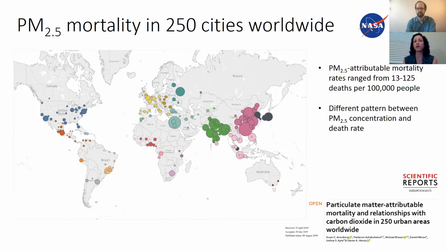Another interesting thing that we found in this study was that there was a different pattern between PM2.5 concentrations and PM2.5 death rates, where the total PM2.5 death rates did not necessarily follow the ranking of cities in terms of PM2.5 concentration. So what this tells us is that it is important to take into account both the exposure levels and the baseline health status and population of the local area to understand the health impacts driven by air pollution. We published a paper on this in Scientific Reports last year in 2019.